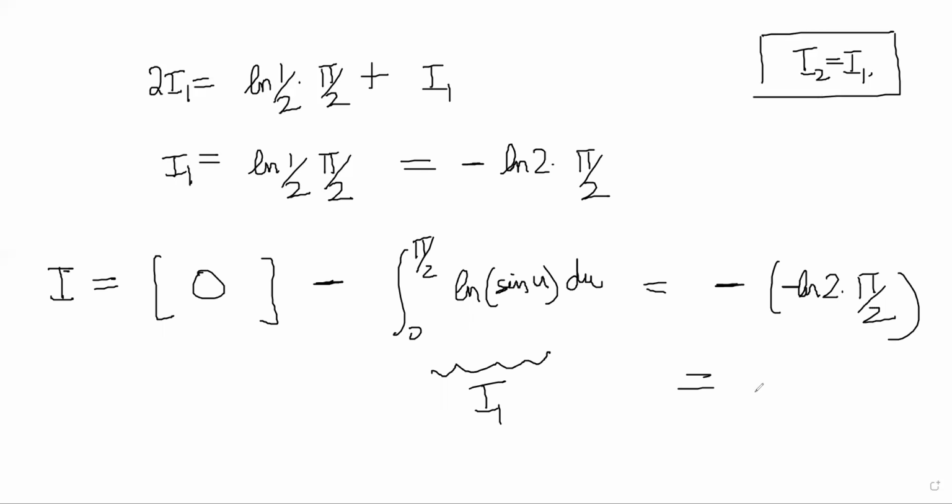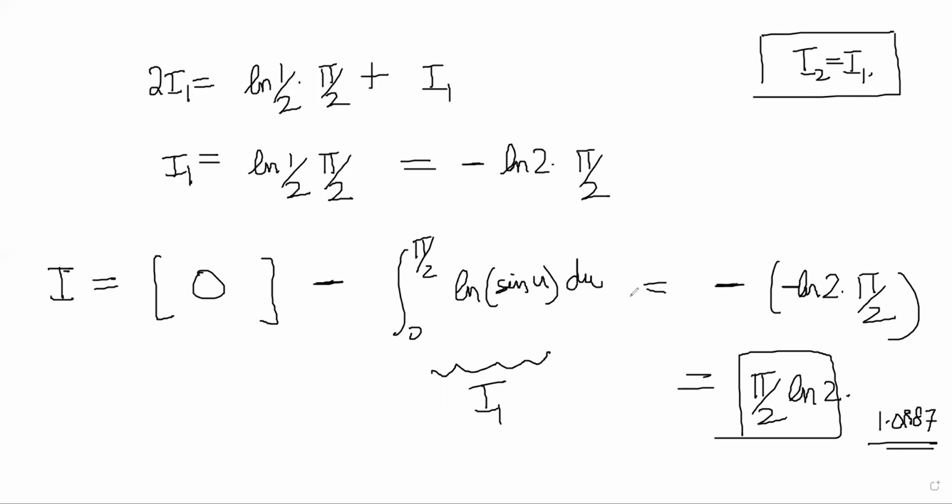So your answer should be pi by 2 ln 2, right? The value of pi by 2 ln 2 comes out to be around 1.088 if you check in a calculator. So that is my integral.